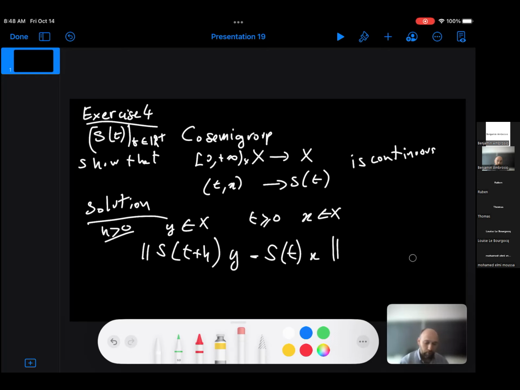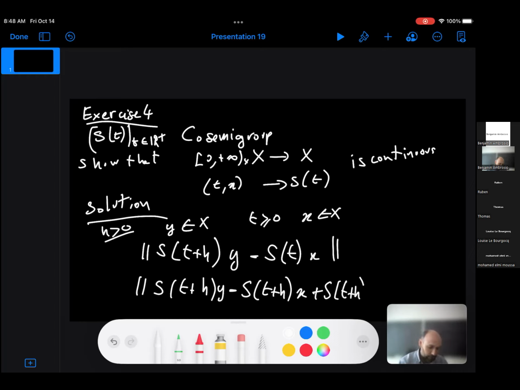So we need to do a few computations for that. What would you do? What would we do there? It's like you work on R. We are going to introduce this quantity here, and then I have to add it again.